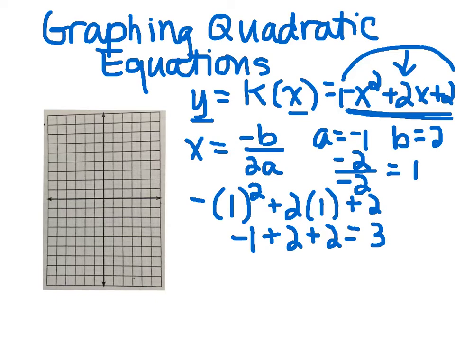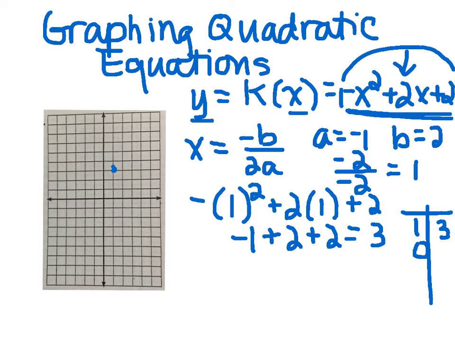1, 2, 3. Okay, from there, what we need to do is find some other points that are easy to do. And you might want to make a little table here of your values. So we already know that when we plugged in 1, 3 came out. As always in the function game, when you plug in 0, that's the easiest thing to do.